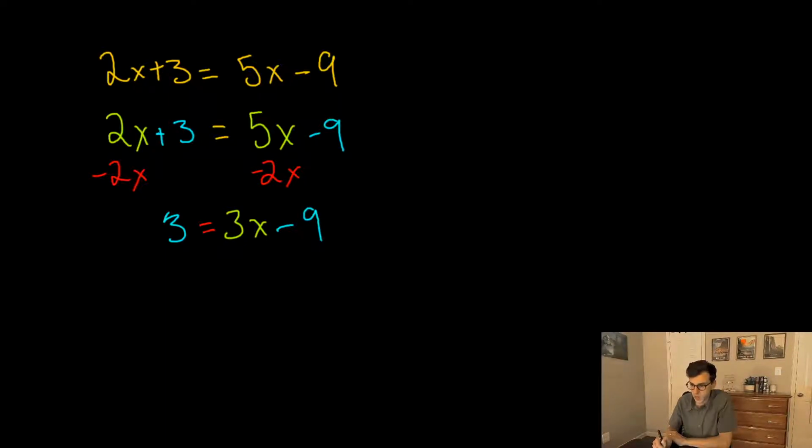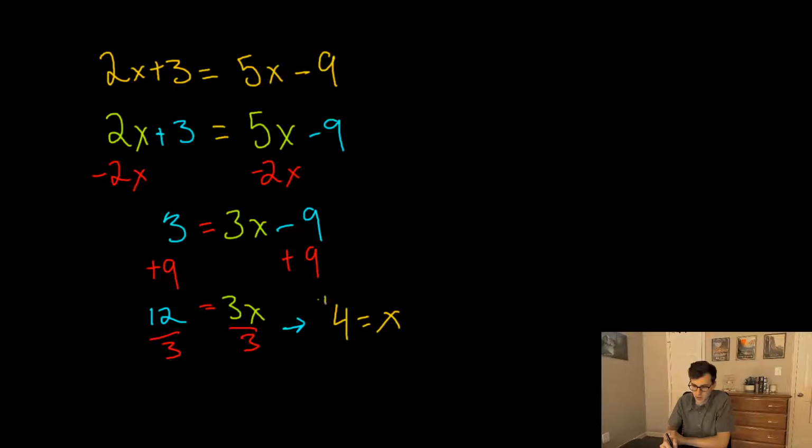Then we add 9 to both sides, and that leaves me with 12 equals 3x. Then I just want to solve for x, get x by itself, so divide both sides by 3. 12 divided by 3 is 4, and 3 divided by 3 is x.